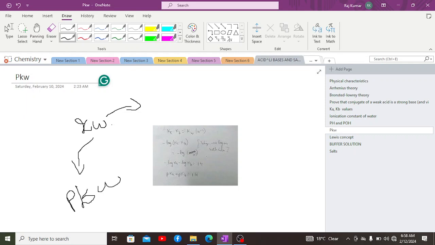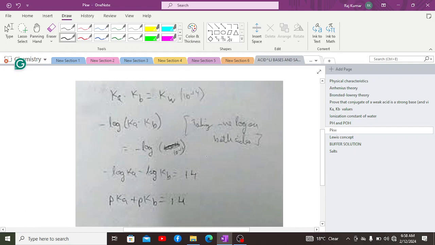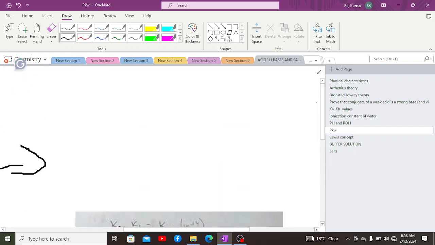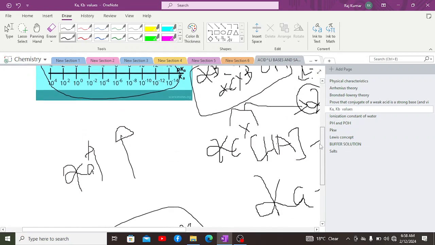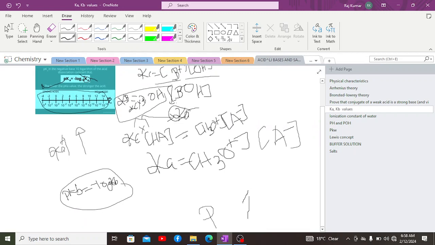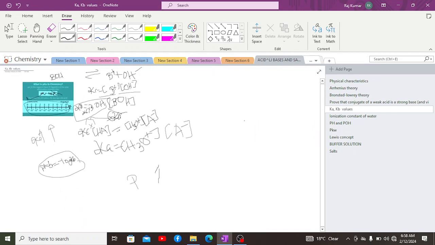Now there is a common relationship between Ka and Kb, such that if we multiply Ka into Kb, let us take the previous equations which we derived.